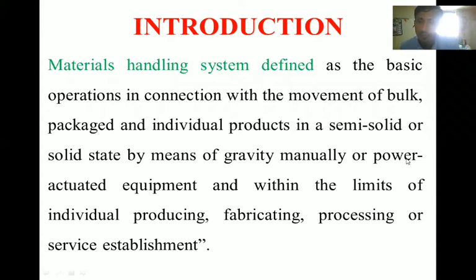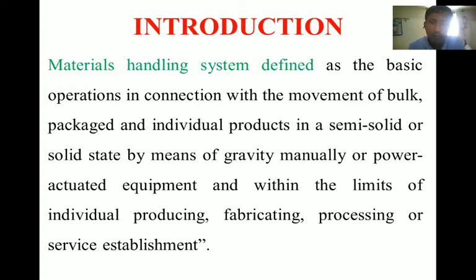Suppose in construction you want to transfer a mixture of cement and sand from the ground floor to the second or third floor. You need actuators like an electric motor to transfer the material upward.